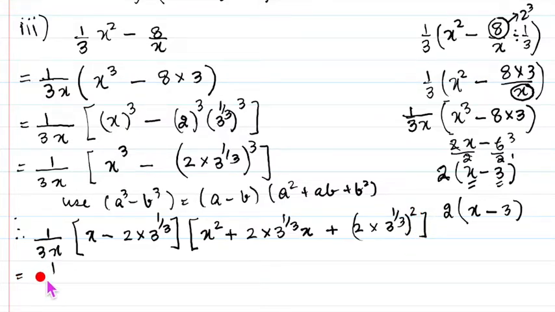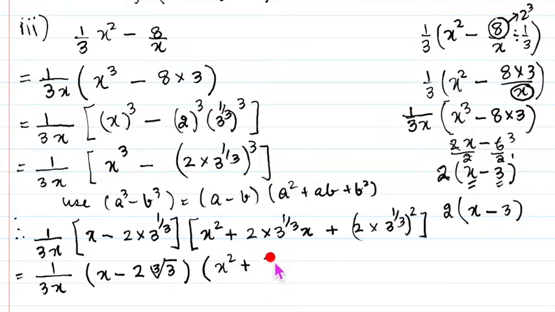That will give us 1 upon 3x into bracket x minus 2. I can write this as cube root of 3. Second bracket will be x squared plus 2 into this will be cube root of 3 and x, plus it will be square of 2 is 4, and this will be cube root of 3 and square of that, so that will be 3 to the power 2/3.